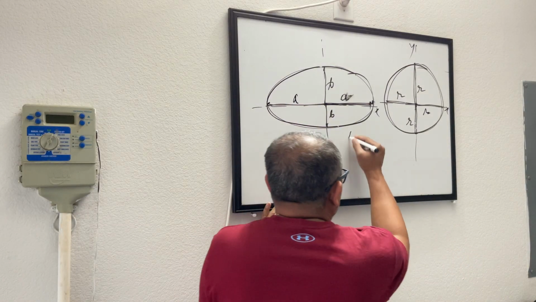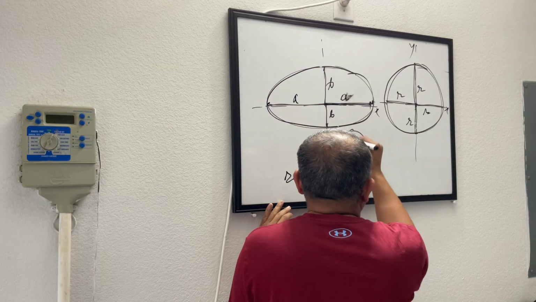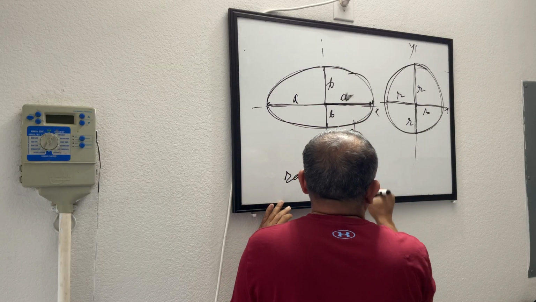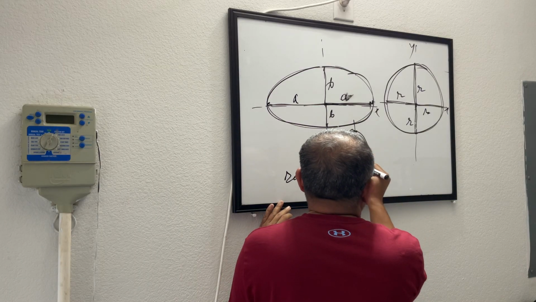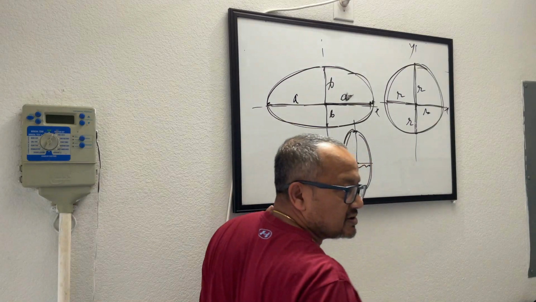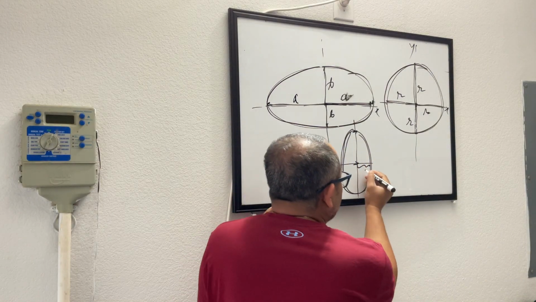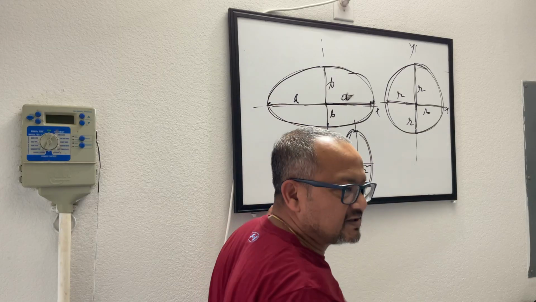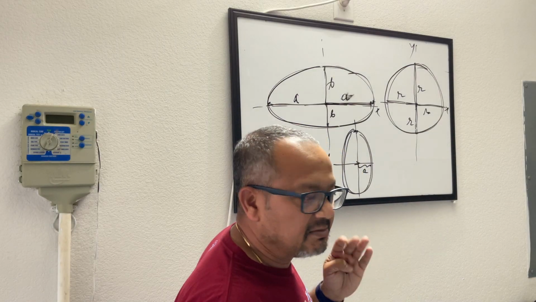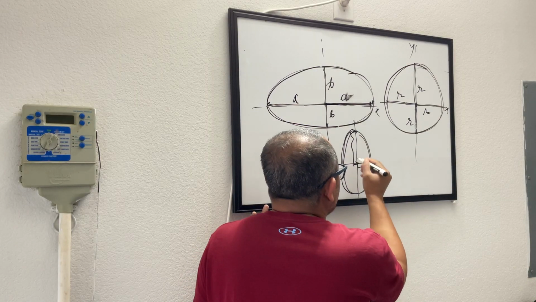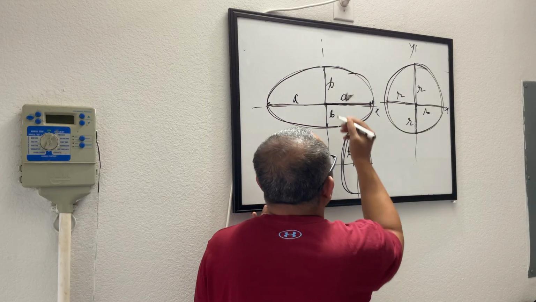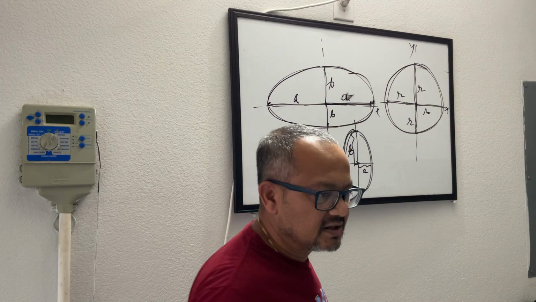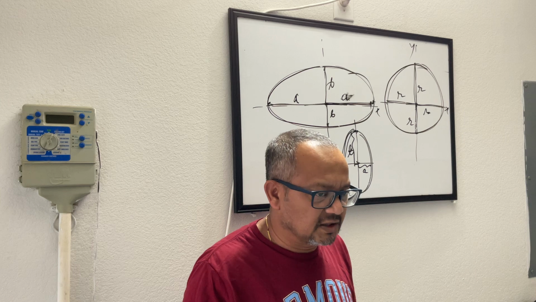If I flip this ellipse like this, then this becomes my major radius, this becomes my minor radius. So my radius along the x-axis, let's give it a name A, and the radius along the y-axis we'll give it name B. So this is A, this is B. Up to this much, nothing confusing, right?